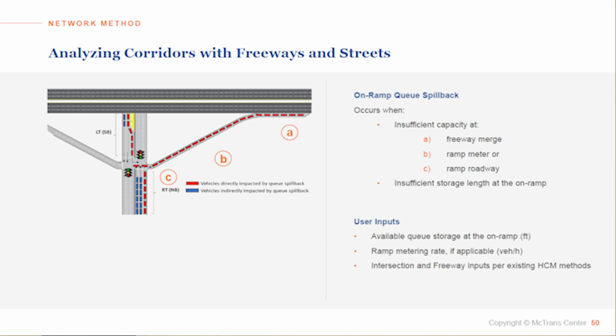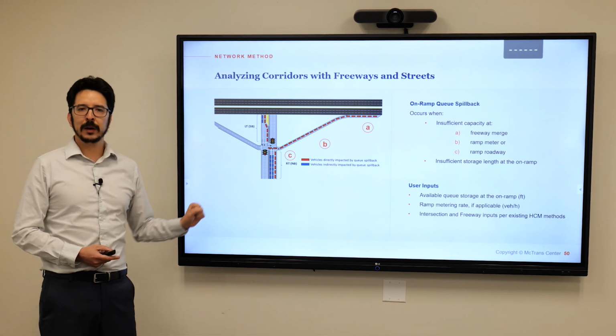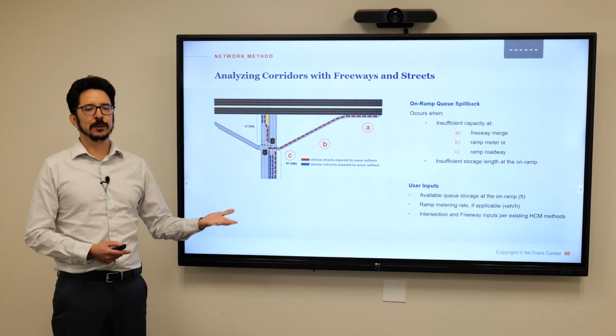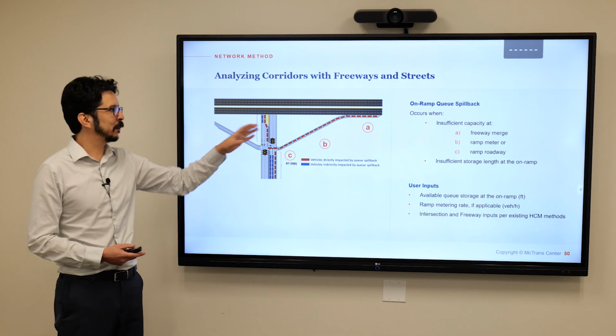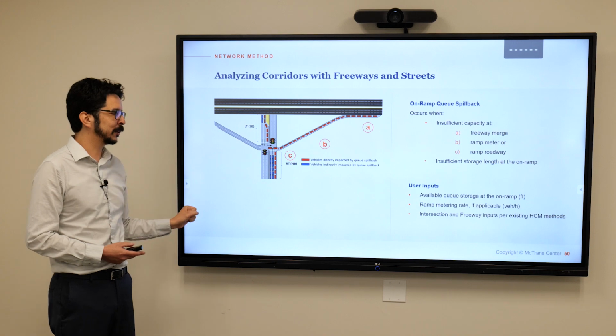And when you have those 2 conditions, then we know queue spillback is going to occur. And we have the checks in place in this methodology to account for that. Inputs that are required for our analysis, we do everything based on the existing inputs that we already use for freeway facilities and for the corresponding intersection, in this case, signal.